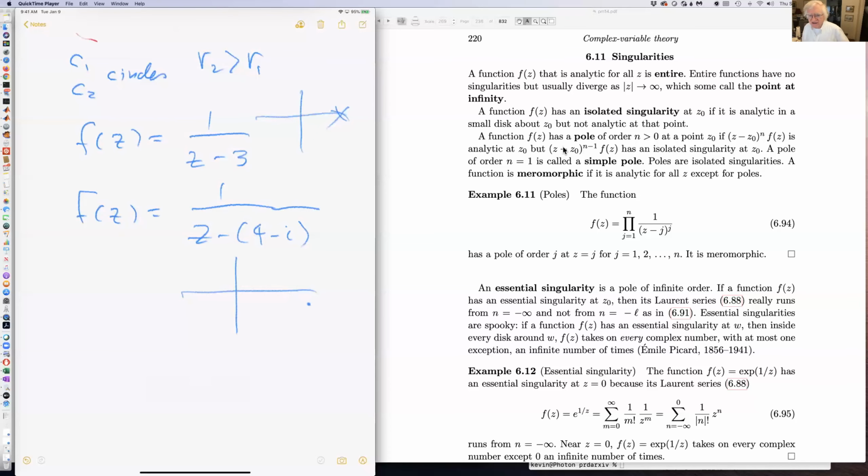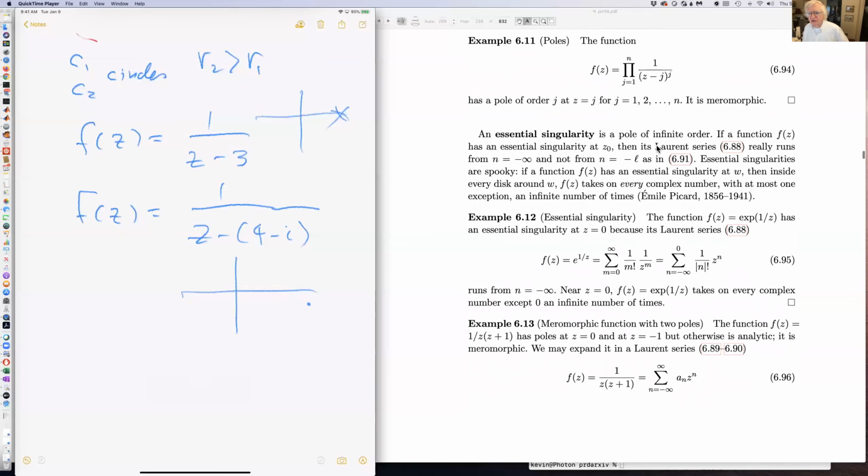Anyway, an essential singularity. Well, these are spooky. It's a pole of infinite order.